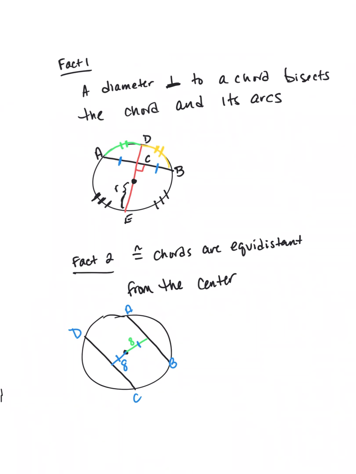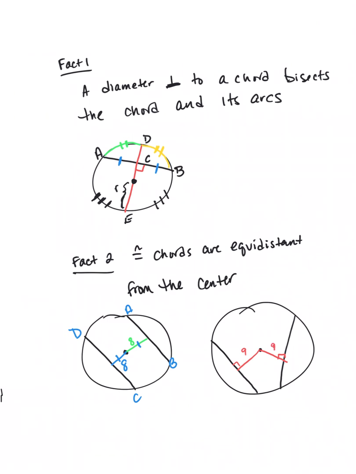It's just how far it is from the center. These chords can be drawn at an angle. They don't have to look straight like I made them look. Let's say here's the center. I could have a chord over here, and another chord over here. However far this is, distance is always traveling perpendicular, by the way. Let's say this is 9, and this is 9.